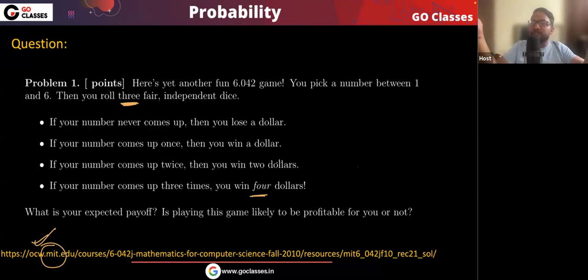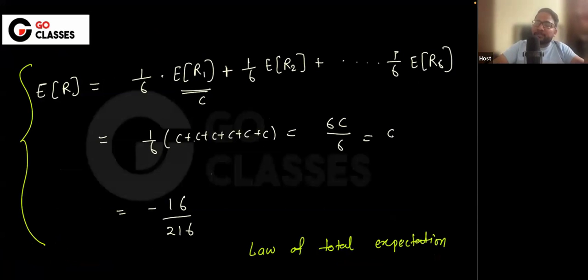In 6 months, 18,000 people, or in a year, 36,000 people are playing. In a year, they have enough data. 36,000 is, I think, enough data to justify this expectation, right? So on average, every person will be losing this much, and this much times 36,000, that much they will be winning on average.